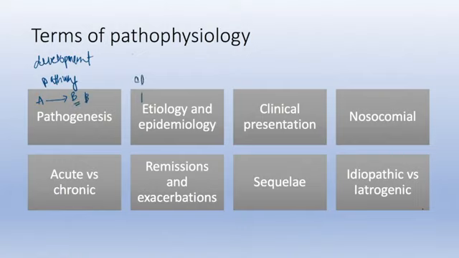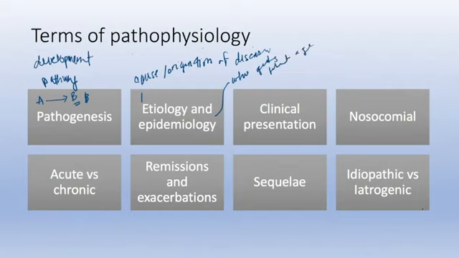Etiology is basically the cause or origination of the disease. So this could possibly be genetics, environmental, autoimmune. Epidemiology is kind of who gets it, what age do they get it, where, is there certain geographical locations, is there specific populations?